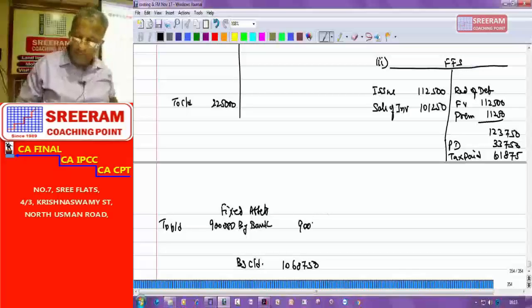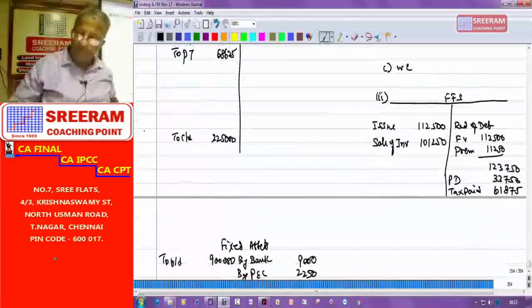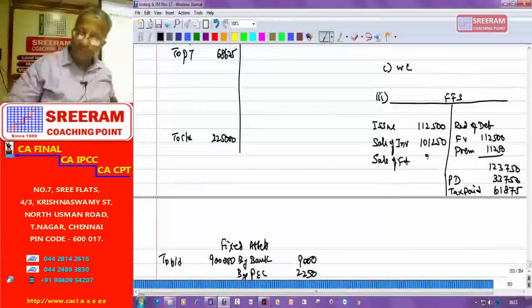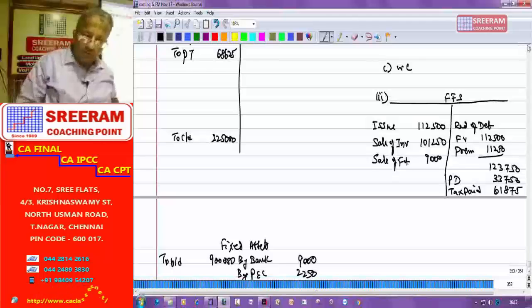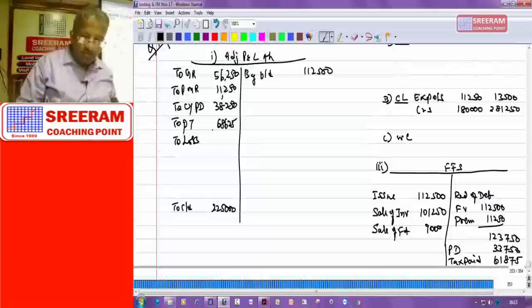By P&L account loss, how much is that? 2250. So sale of fixed asset 9,000 to loss, how much? 2250.